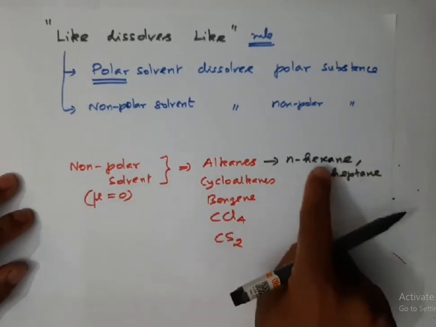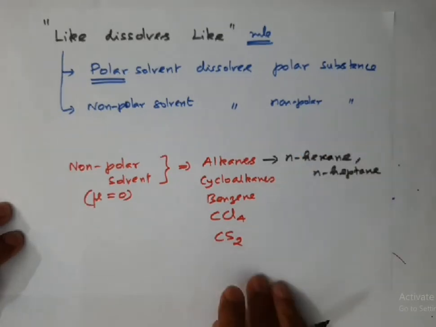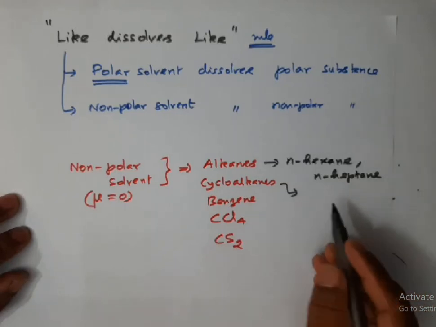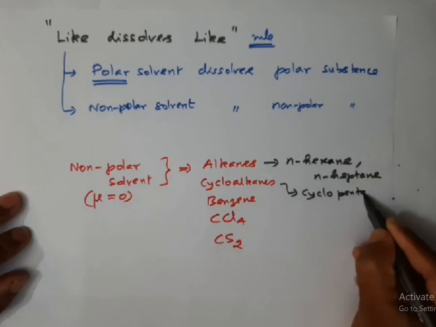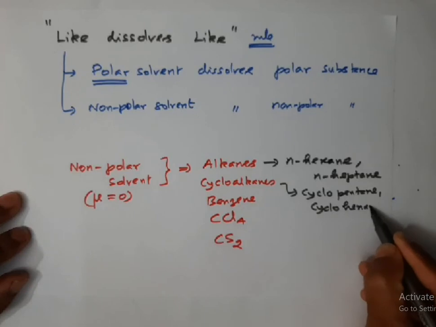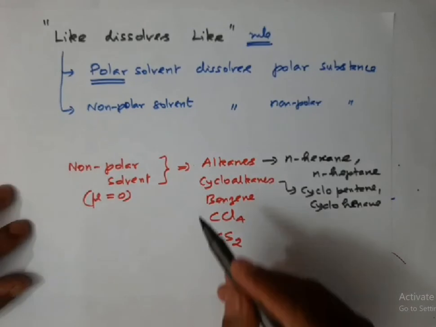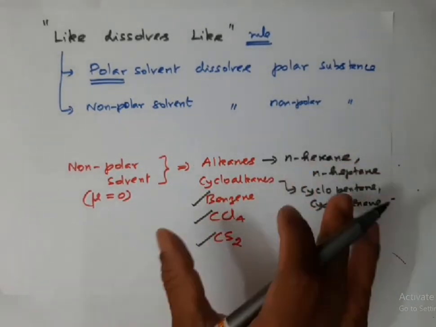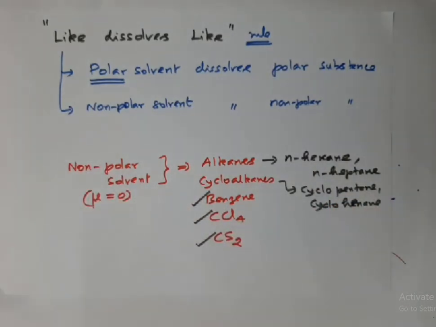These are all alkanes, and they are non-polar solvents. For cycloalkanes we have plenty of examples: cyclopentane and cyclohexane are solvents. Then benzene, carbon tetrachloride, carbon disulfide. I have given a few examples of non-polar solvents. Note this down, it is very important.